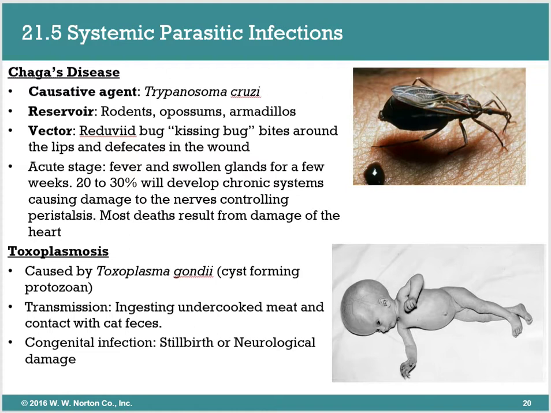So that's why whenever a pregnant woman has a cat, they always tell her, don't do the litter box. Like when you're pregnant and if you have a cat, don't touch the litter box. Don't do it, because if a pregnant woman contracts toxoplasmosis, it can result in stillbirth and then neurological damage to the fetus.